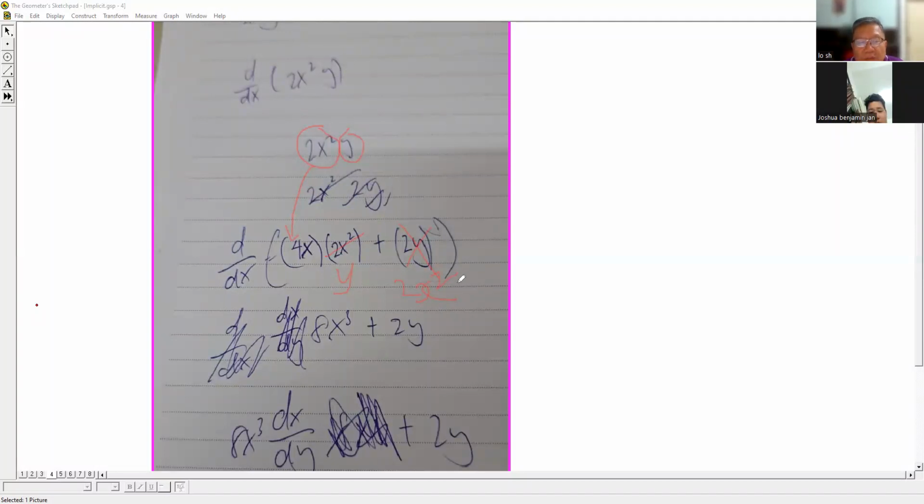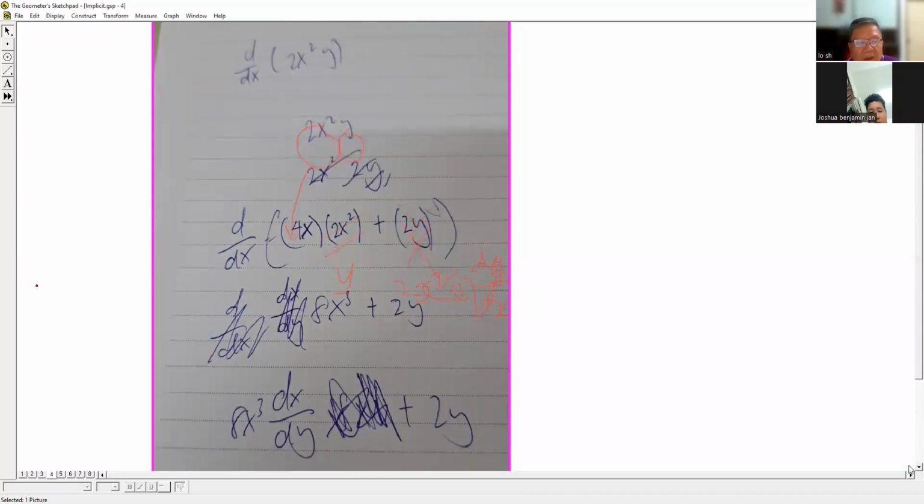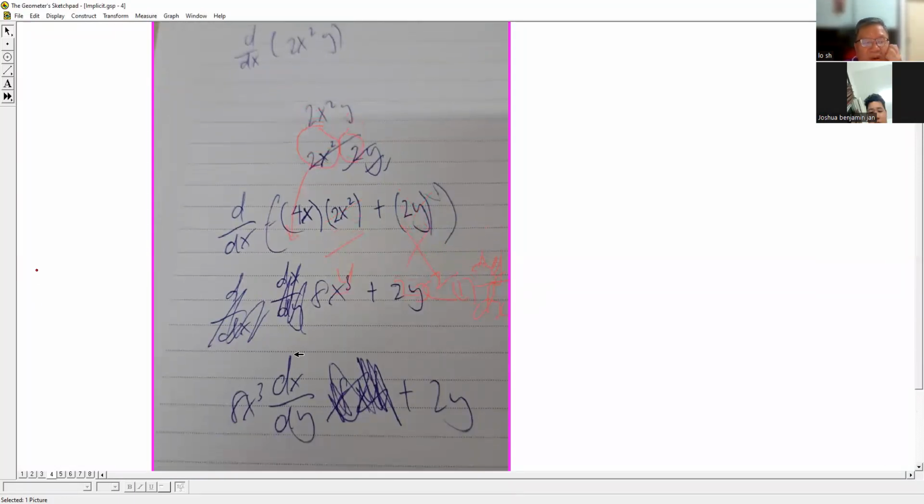Differentiate y is 1, then dy over dx, because you differentiate y with respect to x. So 8x cubed dy dx.